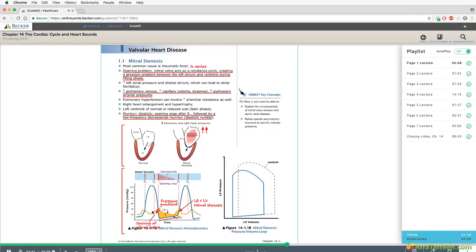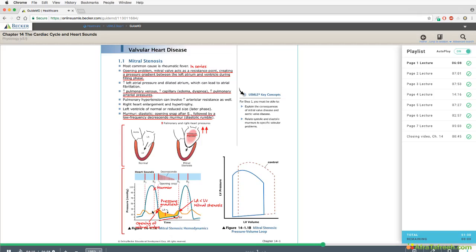Therefore, it's easy to figure out that this murmur starts after S2, and it is a diastolic murmur. They may also test, because it's a stenotic valve, you have an opening snap. So just to repeat that, you have to know it's a diastolic murmur that begins after S2.